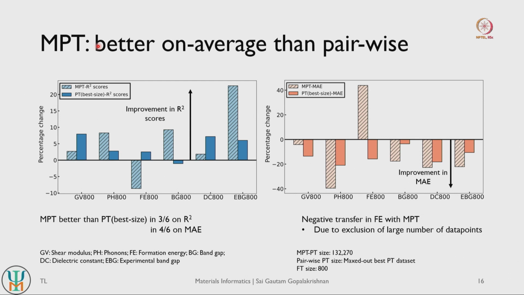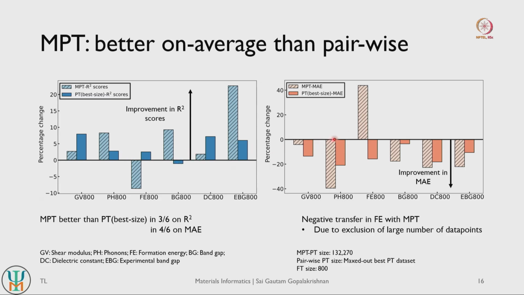Okay, so let's look at how these multi-property pre-training or MPT models perform compared to pair-wise transfer learned models, right. So here I am showing the performance change or improvement in R2 scores and MAEs for both the multi-property models as well as the pair-wise models. The multi-property models are indicated by the hashes and the pair-wise models are indicated by the solid bars, and the blue bars are R2 scores, the orange bars are mean absolute errors.